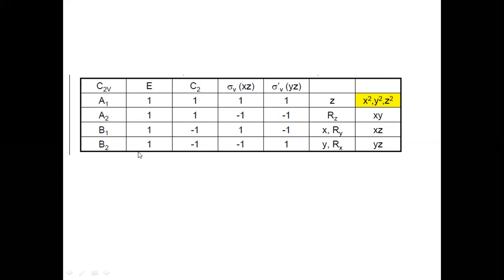In the same way, you can take any example like B2, again it will be 1 into 1 squared plus 1 into minus 1 squared plus 1 into minus 1 squared plus 1 into 1 squared. Again it is equal to 4. So the sum of the squares of the characters of any representation is equal to the order of the group.